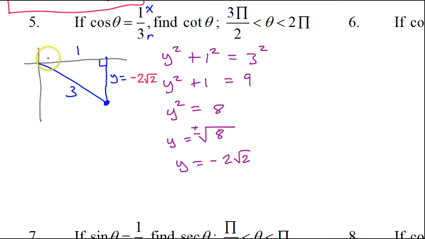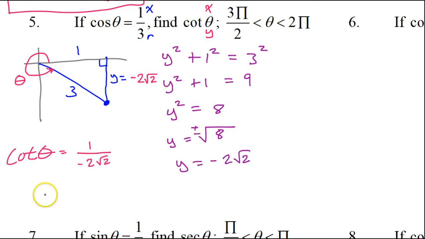Now that I know the y value, all right, this is theta, I can now say the cotangent. Because cotangent is x over y. So that's going to be 1 over negative 2 radical 2.